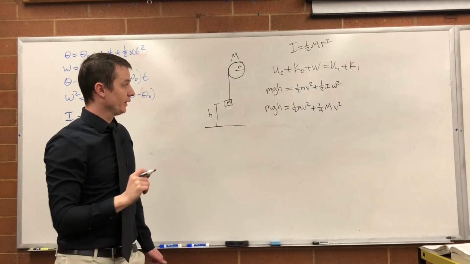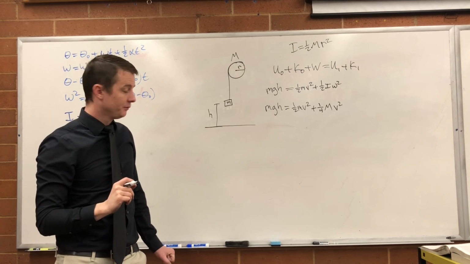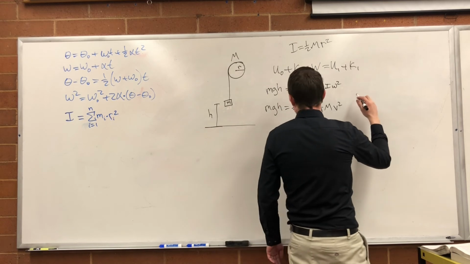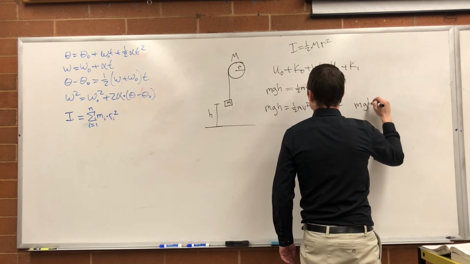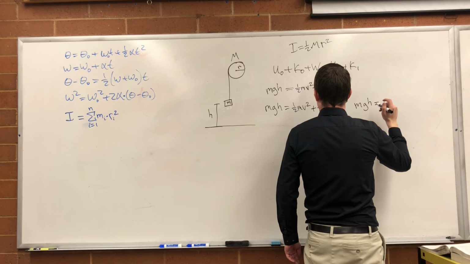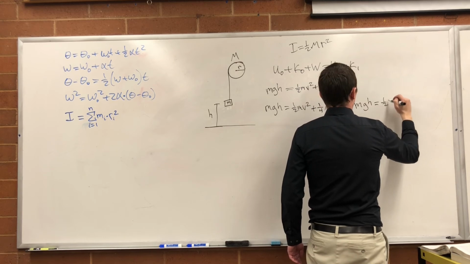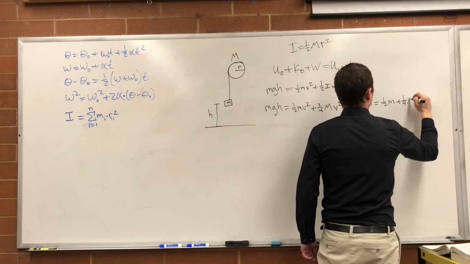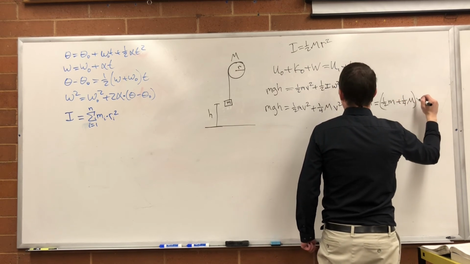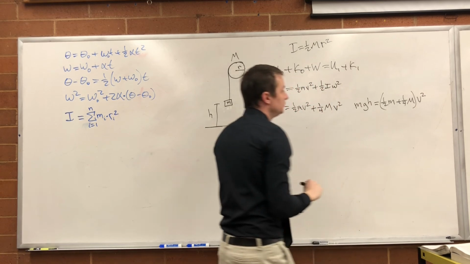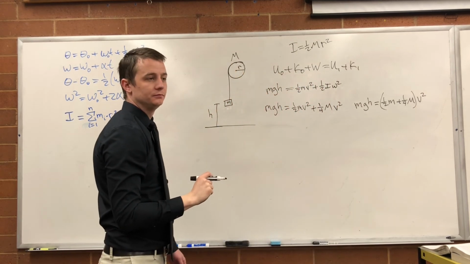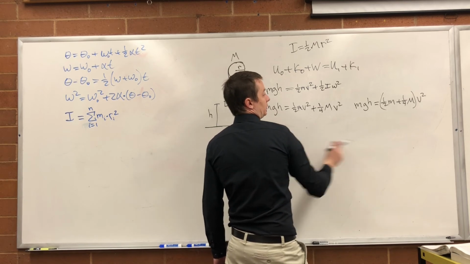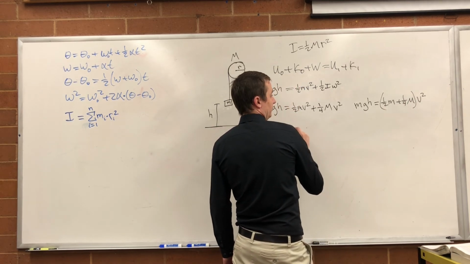Okay, so then we get mgh is equal to 1/2 m plus 1/4 big M, all times v squared. Just factor out the v squared.